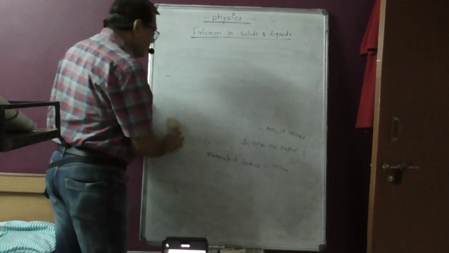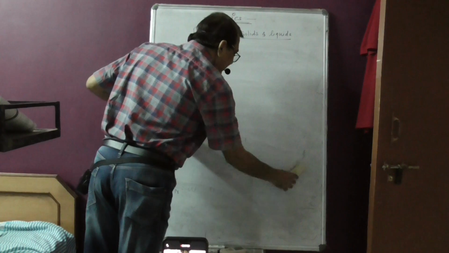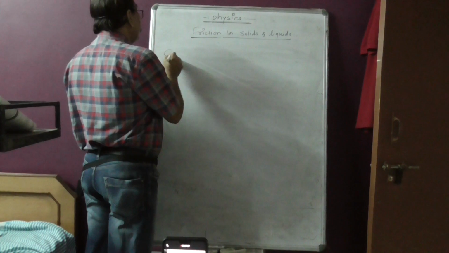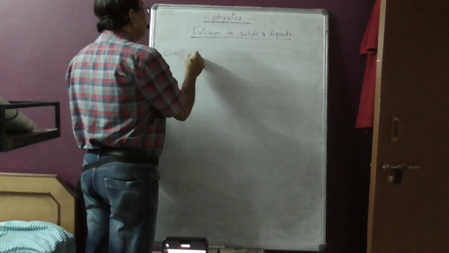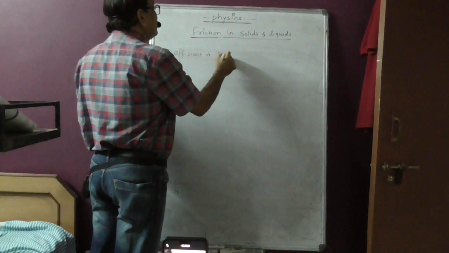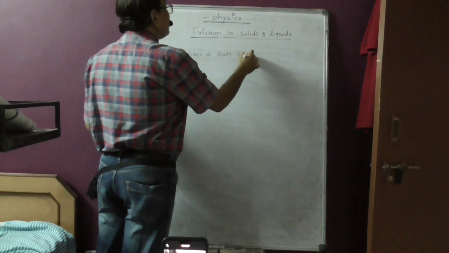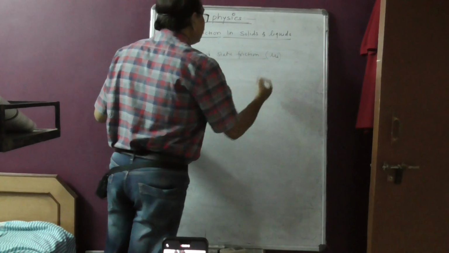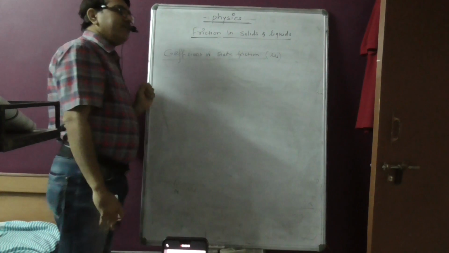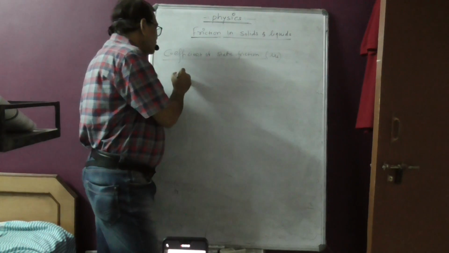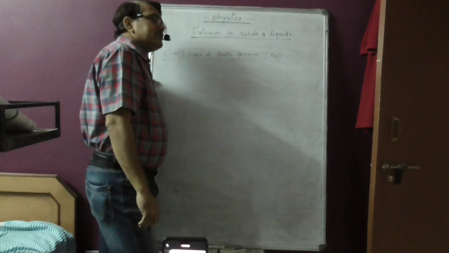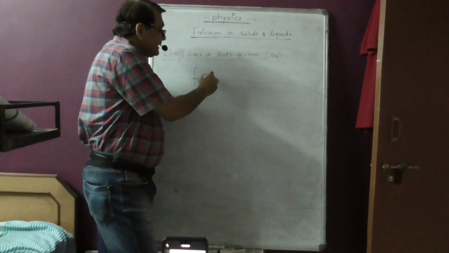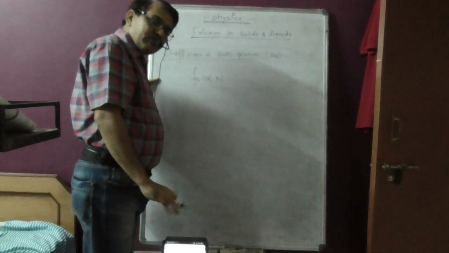Now the next question: what are the coefficient of static friction and the coefficient of kinetic friction? Coefficient of static friction is denoted by mu s. According to the first law of limiting static force of friction, the force of static friction is directly proportional to its normal reaction.